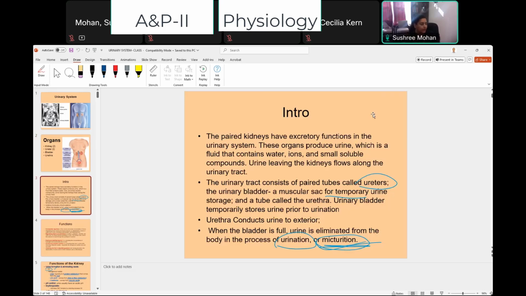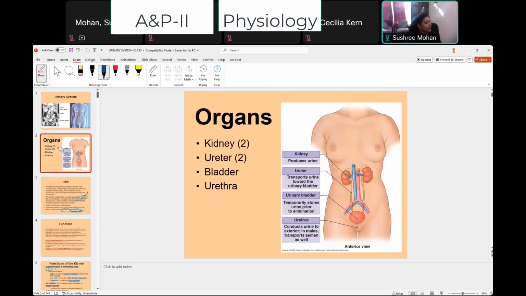One point I have circled over here is because in the exam, students typically get confused between ureter and urethra. So I want to show you this very clearly. This is the urethra, U-R-E-T-H-R-A.